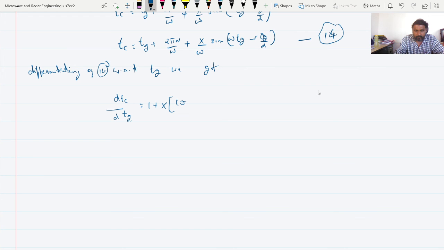It's very difficult to write because the stylus is not working properly, so I will just stop here. That is dTc by dTg is equal to 1 plus x into cos omega Tg minus theta g by 2.